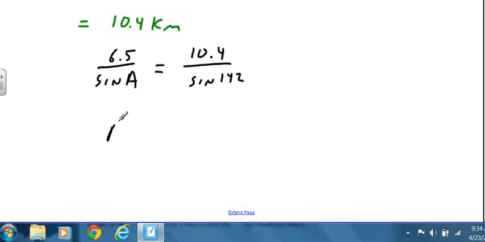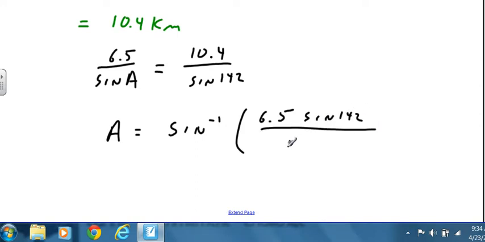So that means A is going to be the arc sine of 6.5 sine 142 divided by 10.4. Okay, now, I'm not going to use 142. Yes, I am. I don't have a choice. Darn. I thought I had something else, but I don't.